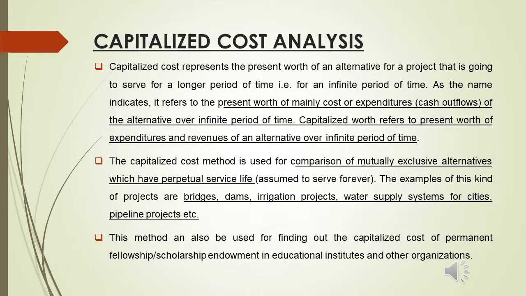These are something that you need in your day-to-day life, so you need to have proper service and check on that. The capitalized cost method is used for comparison of mutually exclusive alternatives which have perpetual service. Examples are bridges, dams, irrigation projects, water supply, pipeline projects, etc.